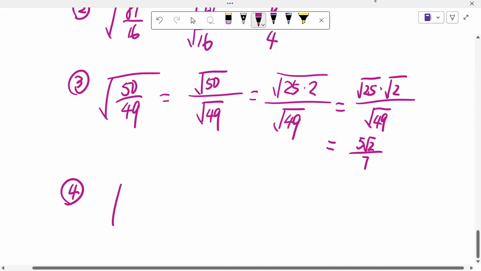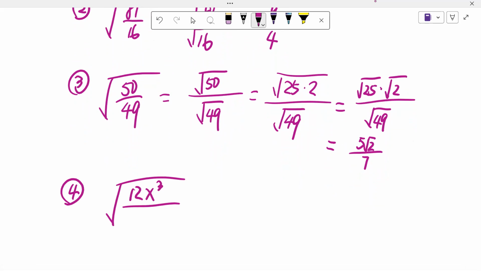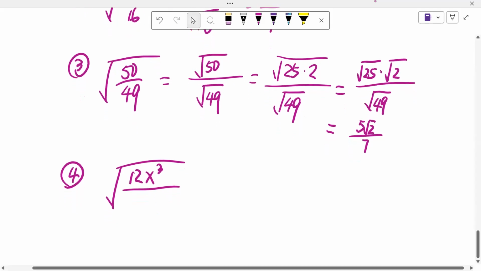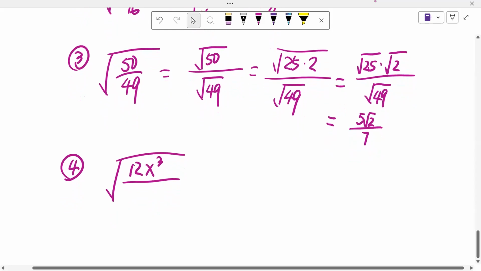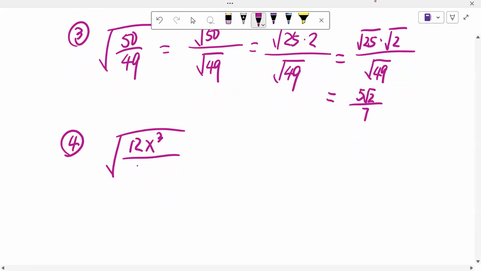The fourth one, let's say we get 12 x cubed over, let me think of a number, let me see which number we better use. 121, let's say.